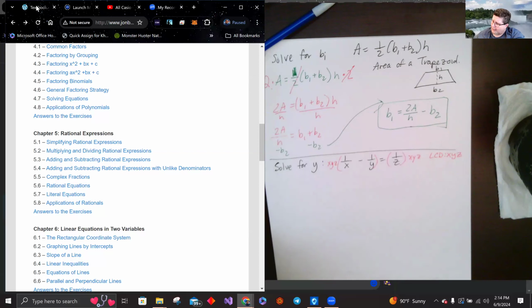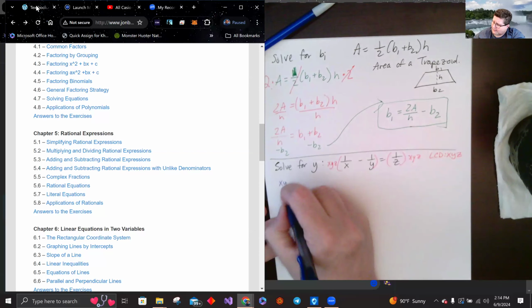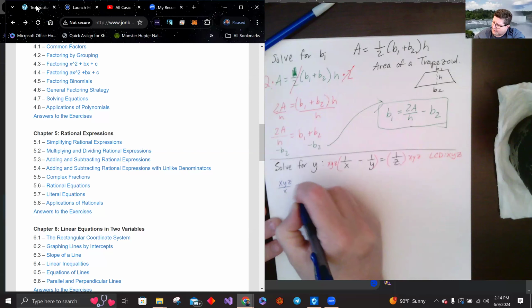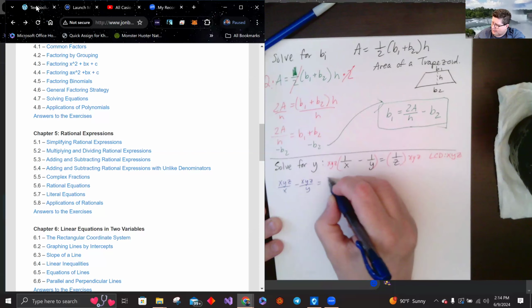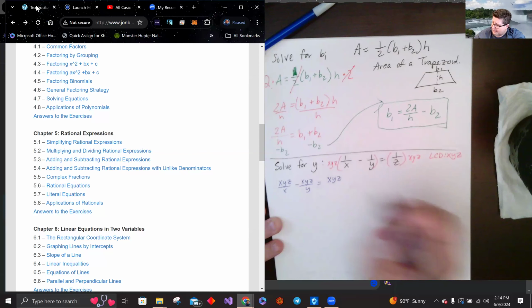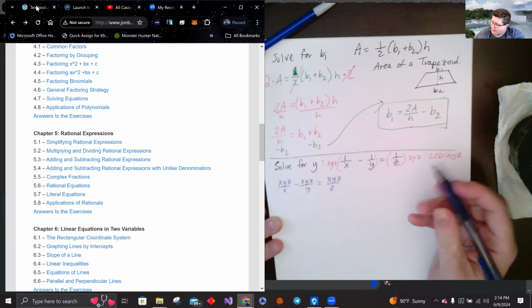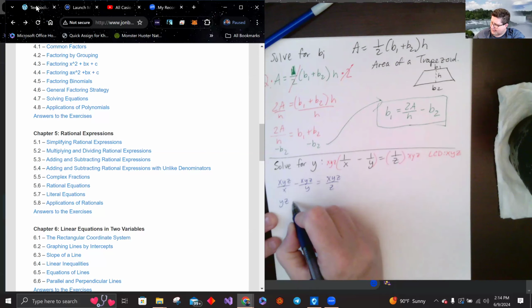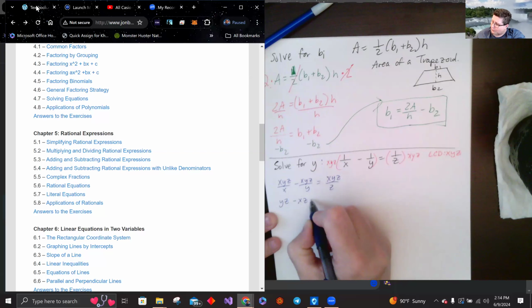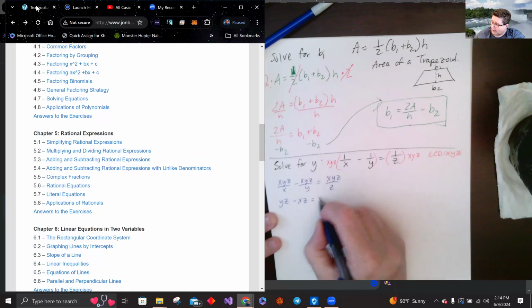So here I've got xyz over x minus xyz over y equals xyz over z. And when we simplify that, we get yz minus xz equals xy.